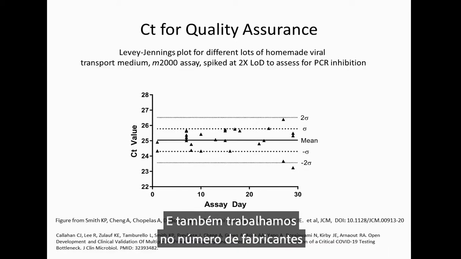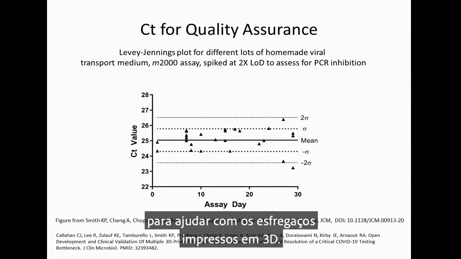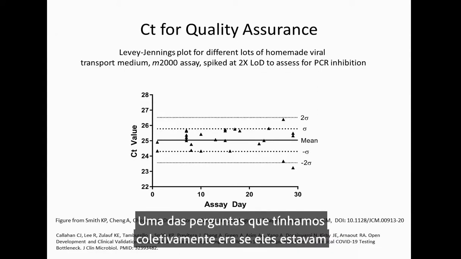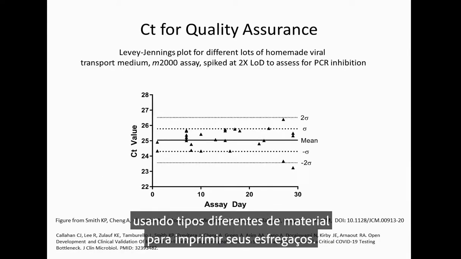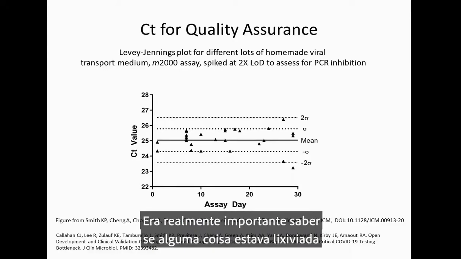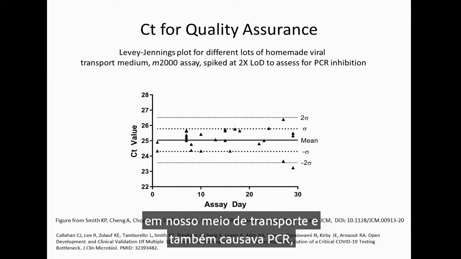And then we also worked with a number of manufacturers to help vet their 3D printed swabs. One of the questions that we had collectively was whether they were using different types of material to print their swabs. And it was really important to know whether anything would leach into viral transport media and cause PCR inhibition.